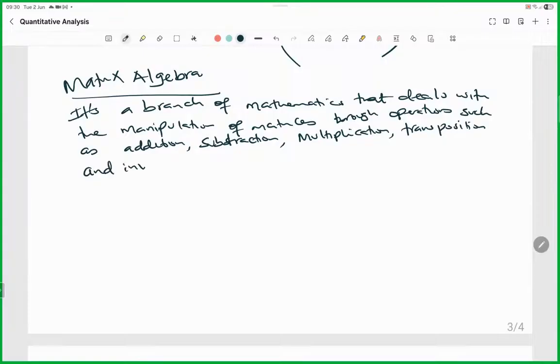To be able to combine, matrix addition and subtraction, we do them together. So right there, matrix addition and subtraction.